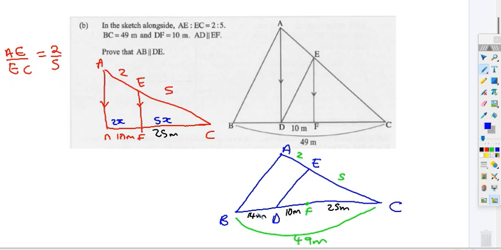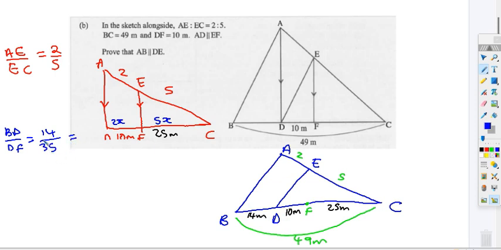We want the ratio for this side. So we want the ratio for BD over DF. Because here we are saying AE over EC, so we also have to say BD over DF. And that we have seen it to be, BD is 14 meters, and then DF is 10 plus 25, that is 35.